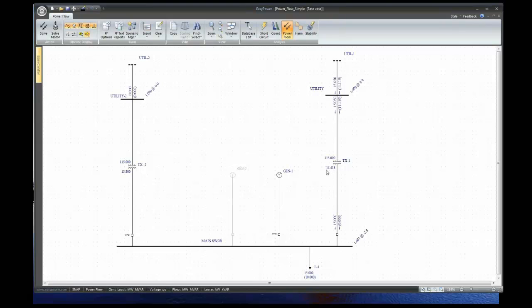So if my nominal was 13.8, it's up to 14.418. So EasyPower adjusts the tap until it gets the voltage up here to what I told it I wanted it to be. So this will tell you what tap you need to be on, or where the LTC is going to end up for this particular loading condition.